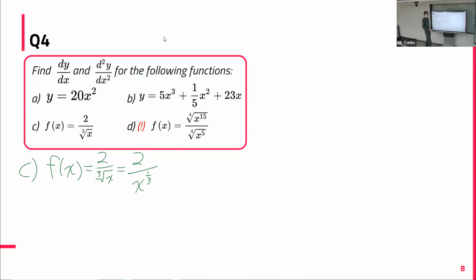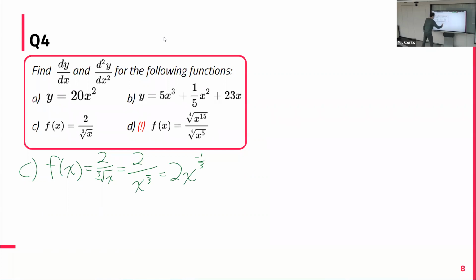And one more thing we can do. Okay, so if we have any variable here on the bottom, something with an exponent on the bottom, the bottom half of a fraction, then we can change it to just a negative exponent and rewrite it with this. That's the exact same thing.